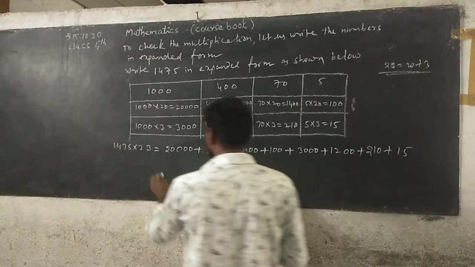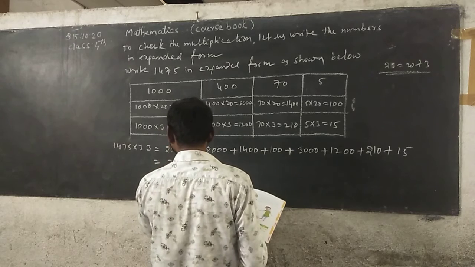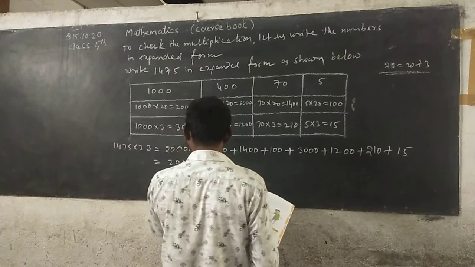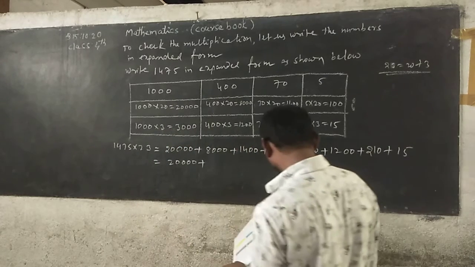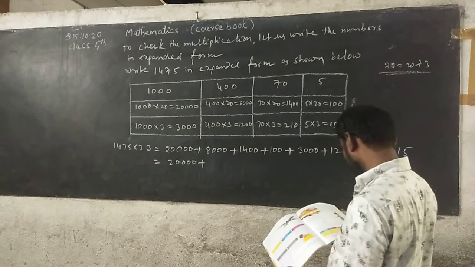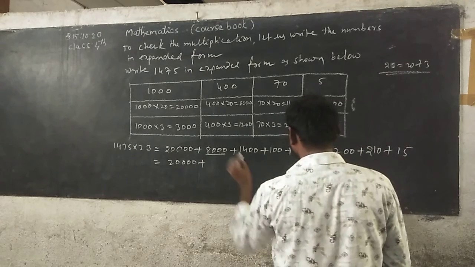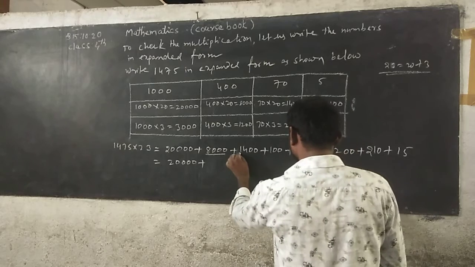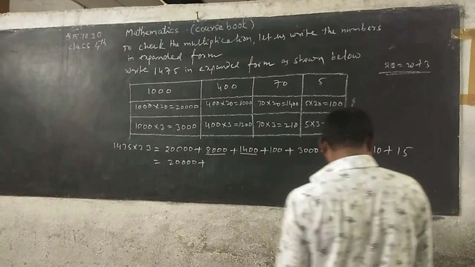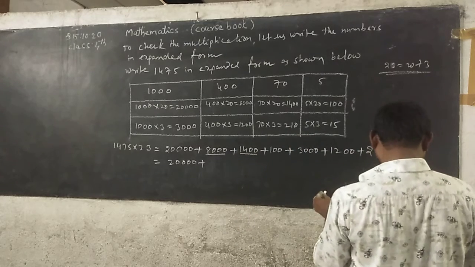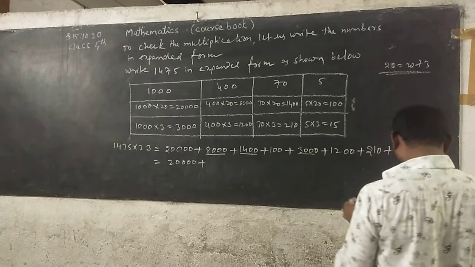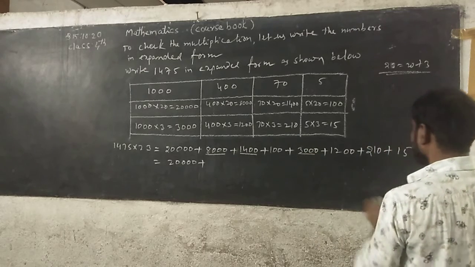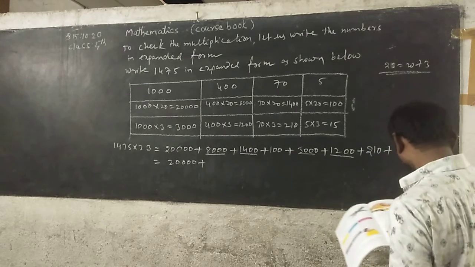See here, this is 20,000, the 10,000s place, plus 8,000, 1,400, 3,000, 1,200.